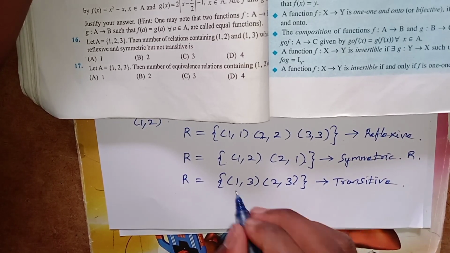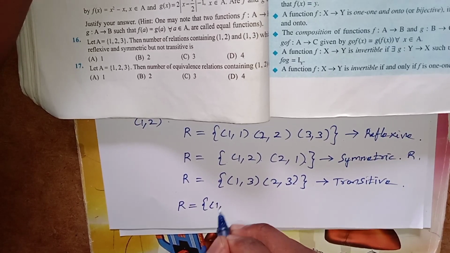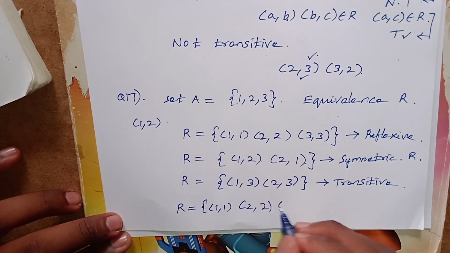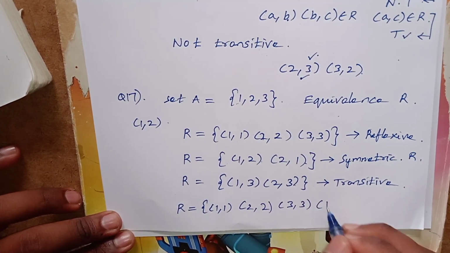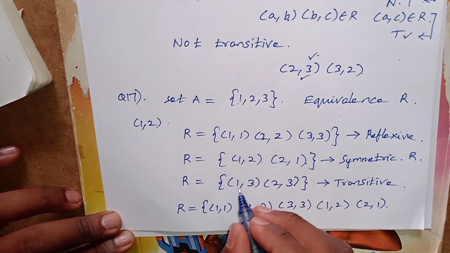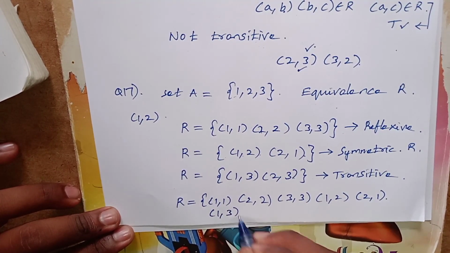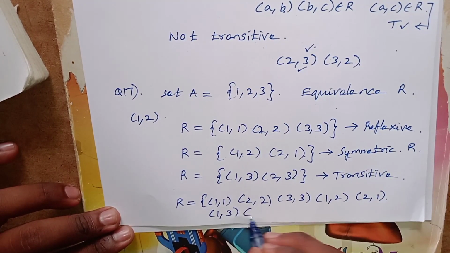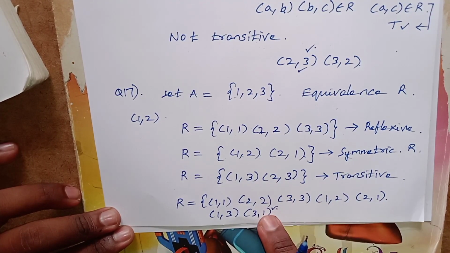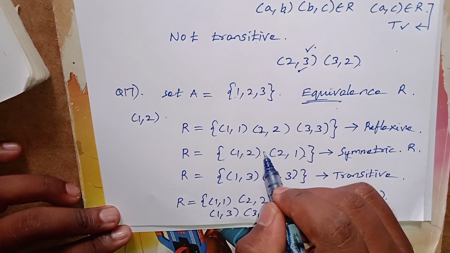If I take these two terms, then automatically we can take (1, 1), (2, 2), (3, 3), (1, 2), (2, 1). If we take (1, 3) for transitive, then (3, 1) is automatically satisfied for symmetric, since it is an equivalence relation.